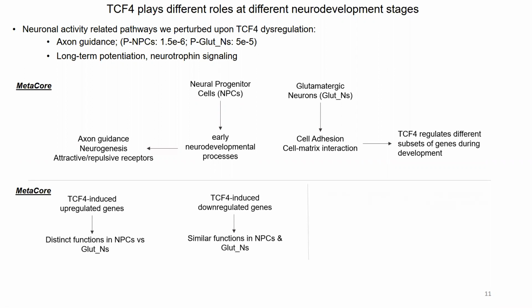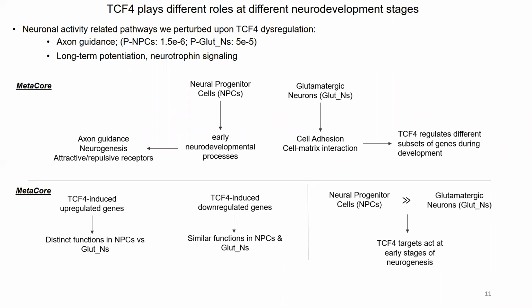And finally, for both upregulated and downregulated genes by TCF4 knockdown, NPCs showed more enriched gene pathways related to neural activity than glutamatergic neurons, with greater significance. So these results suggest that TCF4 gene targets act at the earliest stage of neurogenesis and may be more relevant to schizophrenia neurobiology.